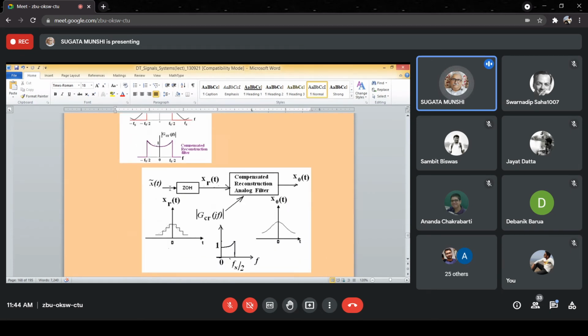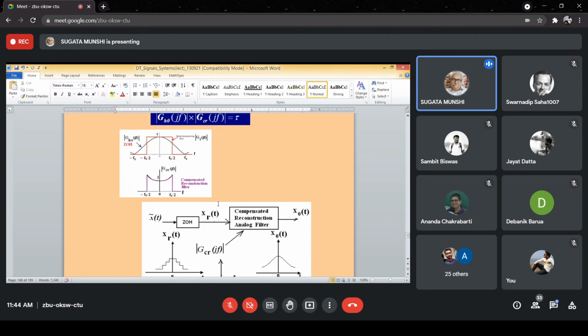But implementing that type of a system using analog circuitry is almost not possible. So what is done is that instead of placing this after the post filter, a discrete time LTI system is placed prior to digital to analog conversion.